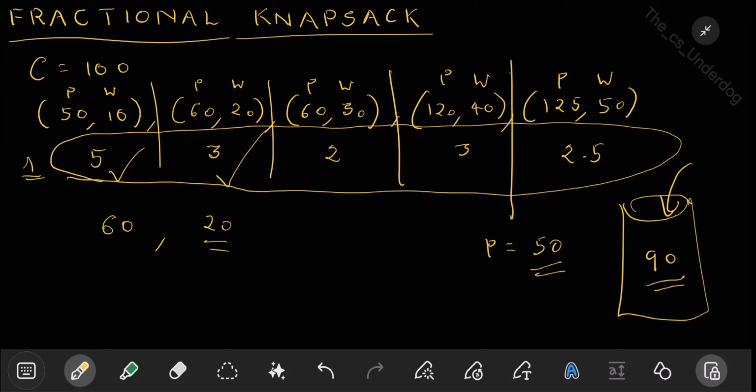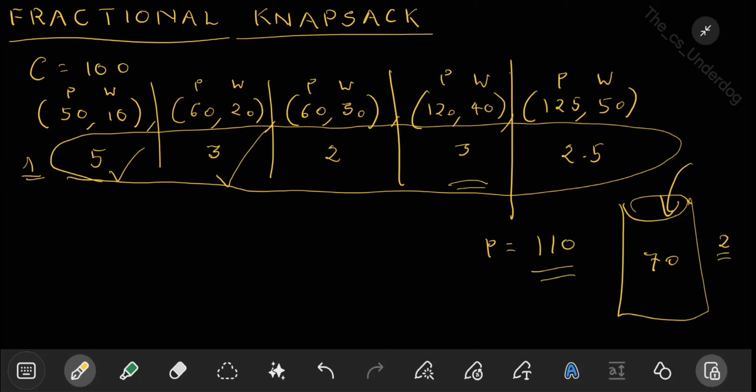So 50 plus 60 will give you a total profit of 110 here. So profit is now 110 and the remaining capacity 90. From that 20 is taken up for this item, which means you have 70 remaining and you inserted 2 items into this knapsack now.